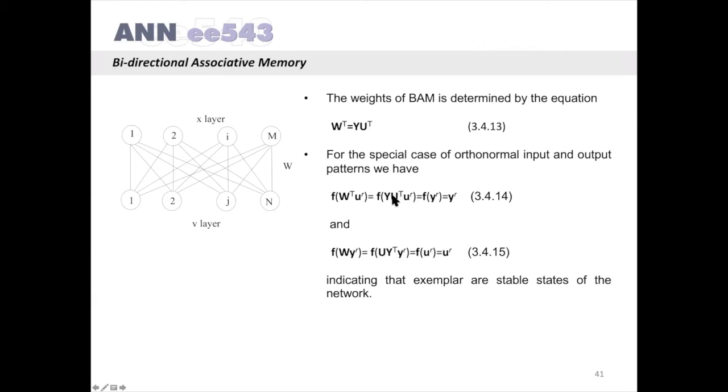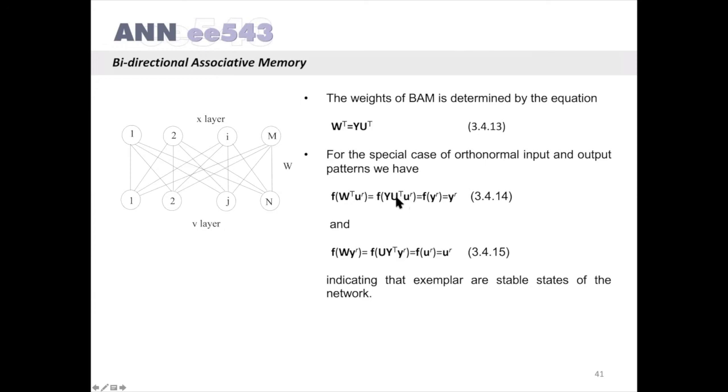Because the U patterns are orthonormal, for any column in the U matrix, the transpose of that column multiplied by UR is the inner product of that vector with UR. If that column is not R, it results in 0, otherwise it results in 1.